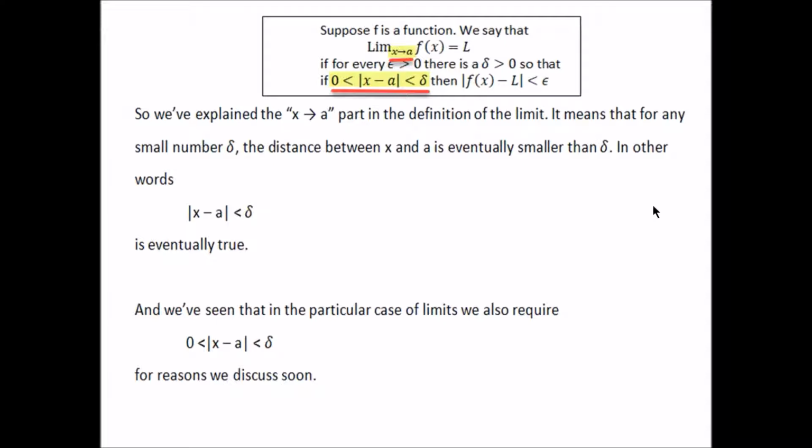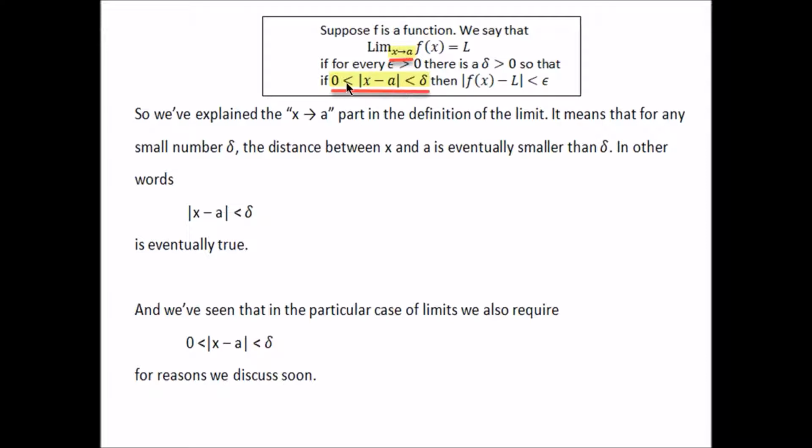So, here's the definition of the limit up there, and we've explained what this symbol means. This symbol means x converges to a, which means that the distance gets smaller and smaller. It gets smaller than any positive number we can name. And for purposes of the limit, we also add this, that it never actually reaches a.